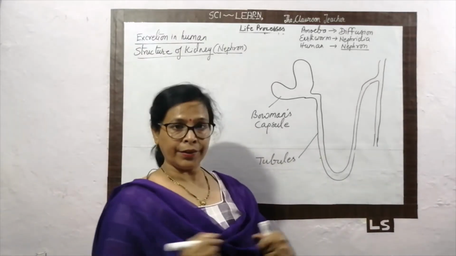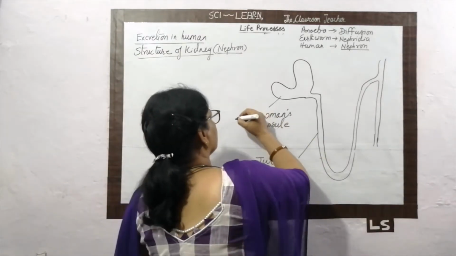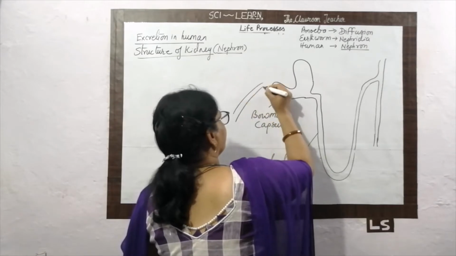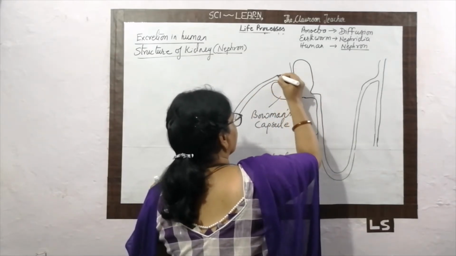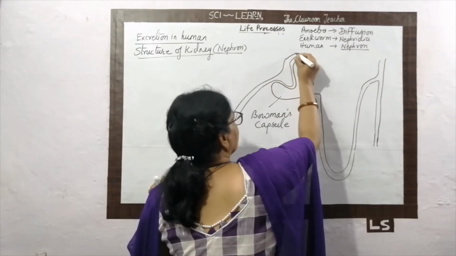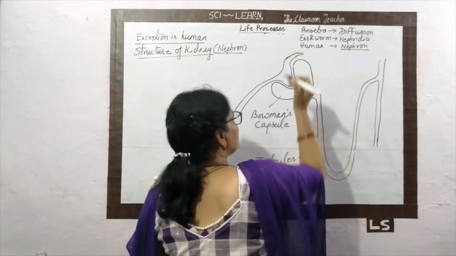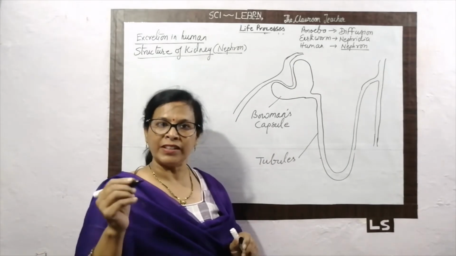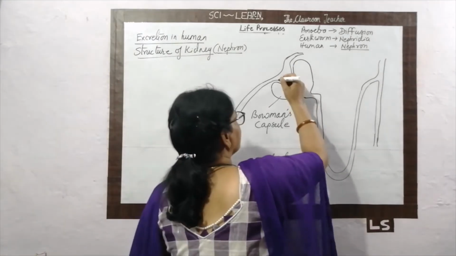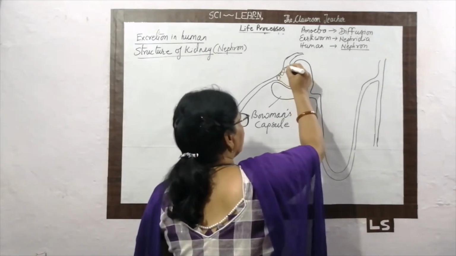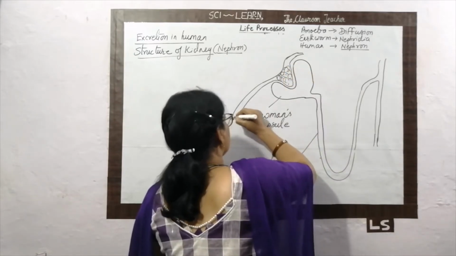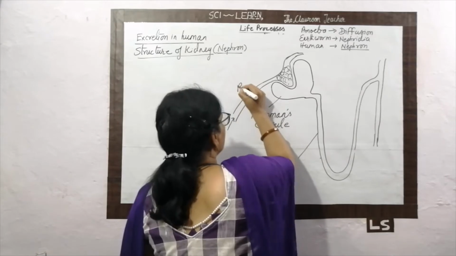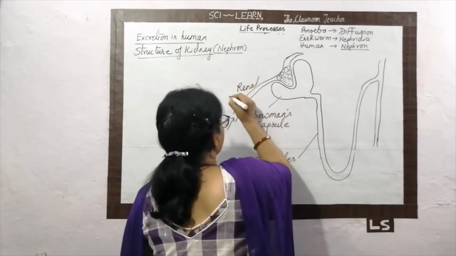What happens here? The renal artery brings the blood and forms a meshy network of vessels in this part. This is the renal artery.